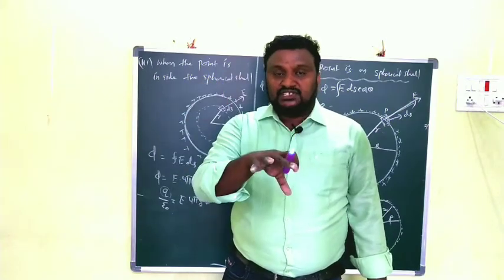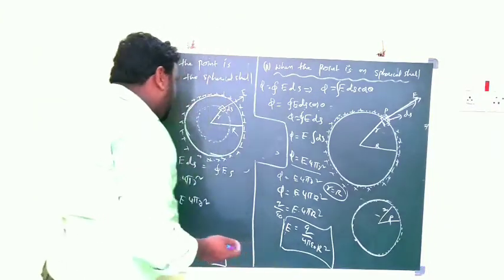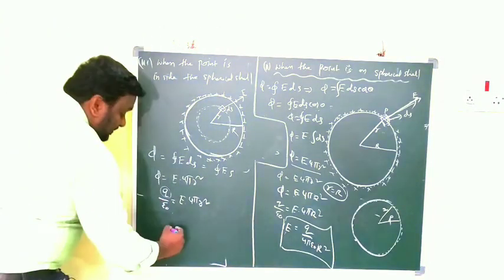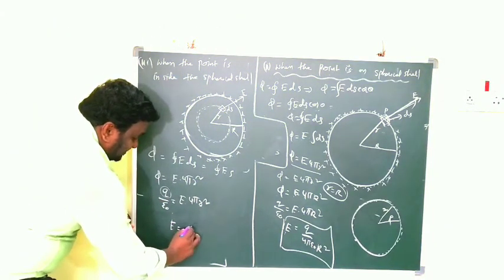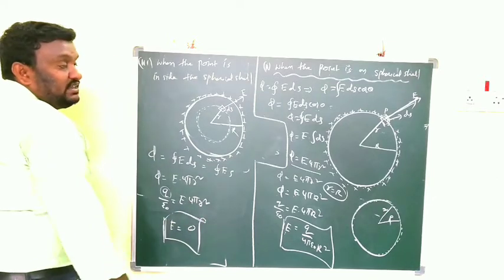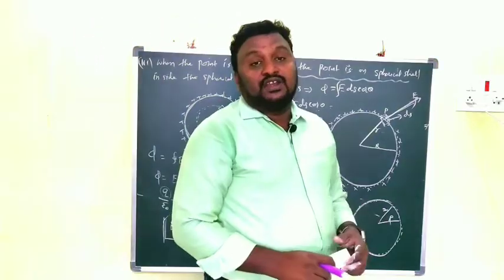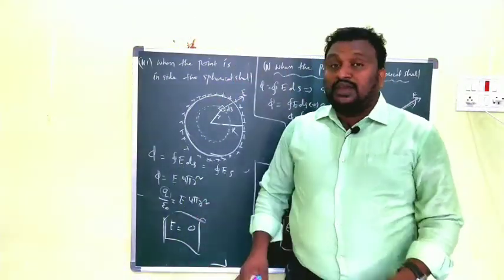There is no net charge inside the shell. That's why here I am taking Q as 0. Then the electric field is also 0, since 0 by anything is 0. Clear? So in this case the electric field is 0.